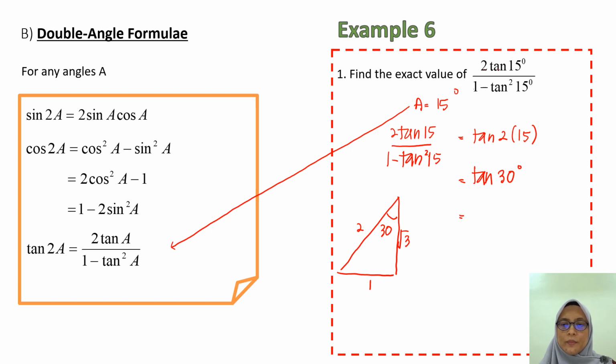Okay, so from here, tangent is opposite over adjacent, which is 1 over root 3. Okay, so now this is involved with root for the denominator. So kita rationalize by multiplying its conjugate, root 3 over root 3. So this one kita akan dapat root 3 over 3.